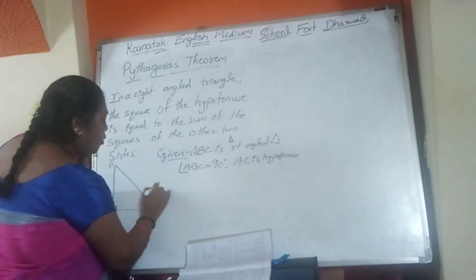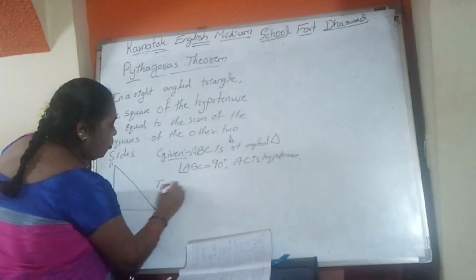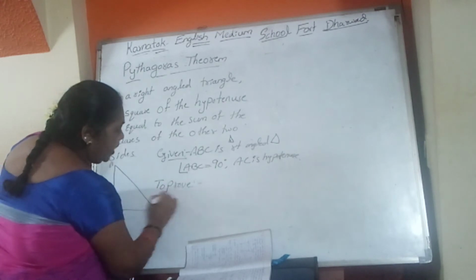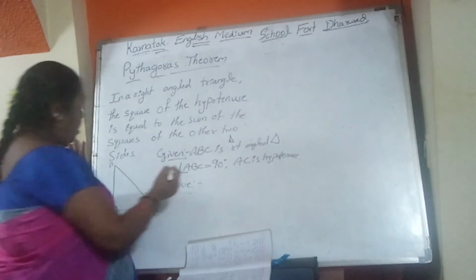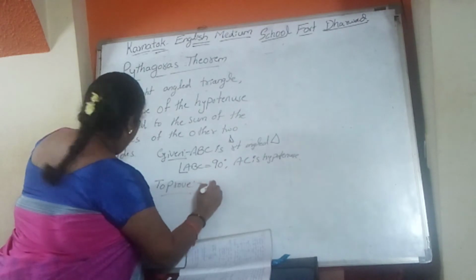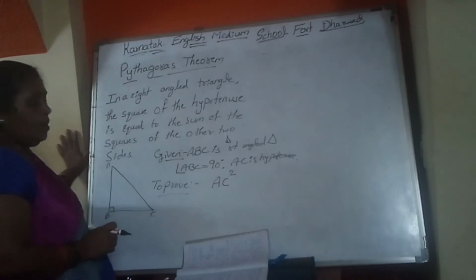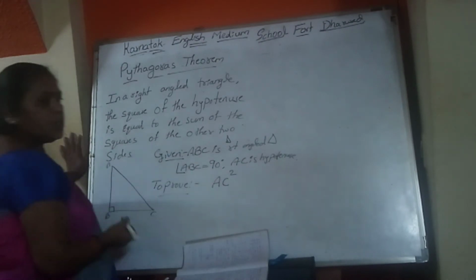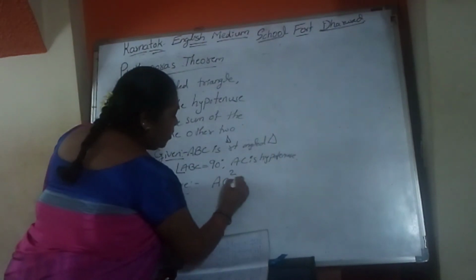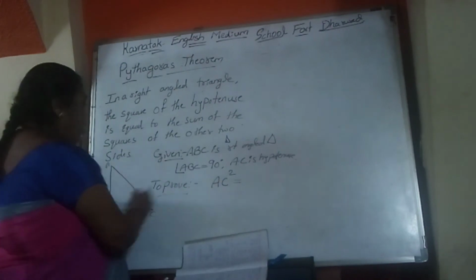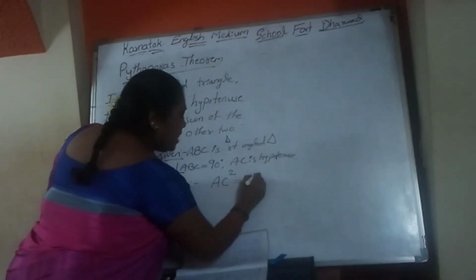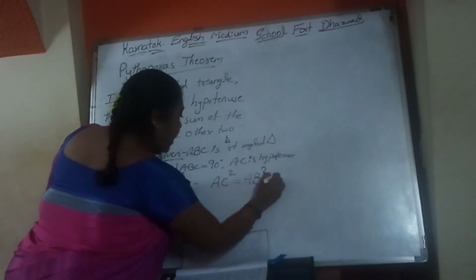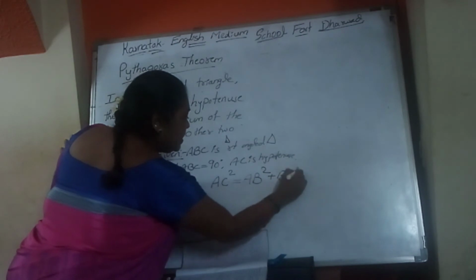So, what can you prove here? To prove: the hypotenuse square is equal to the sum of the squares of the other two sides, AB square plus BC square.